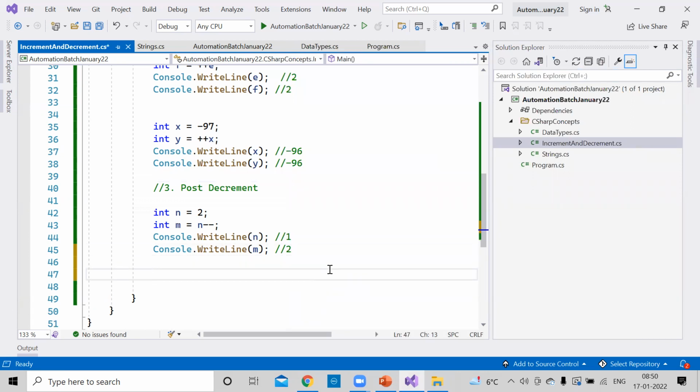Okay, the fourth concept is, let us say, pre decrement. Let's understand pre decrement.